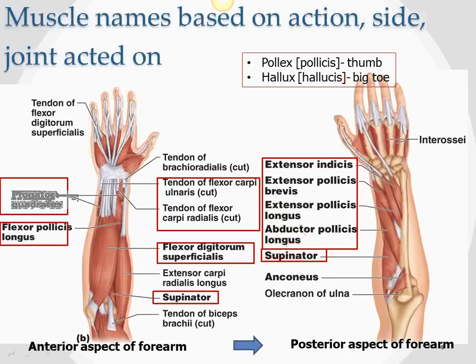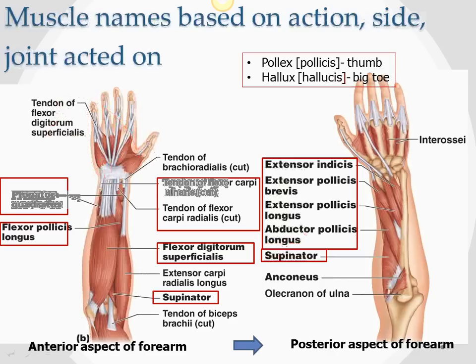So any muscle which is attached on the medial side, not only will it pull and cause flexion, but it will also cause the hand to move medially, like this. So flexor carpi ulnaris will also cause ulnar deviation or adduction.